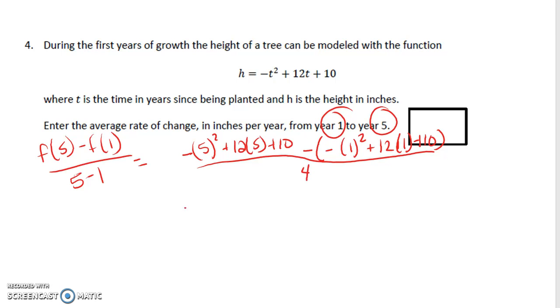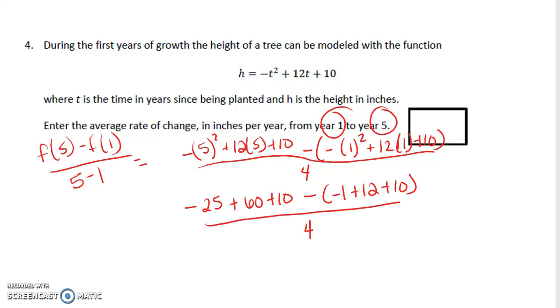So 5 squared, this would be a negative 25 plus 60 plus 10, minus 1 squared is 1, times that negative on the outside, plus 12 plus 10, all over 4. So we can start combining here. Negative 25 plus 70 minus 11 plus 10 is 21, all over 4.